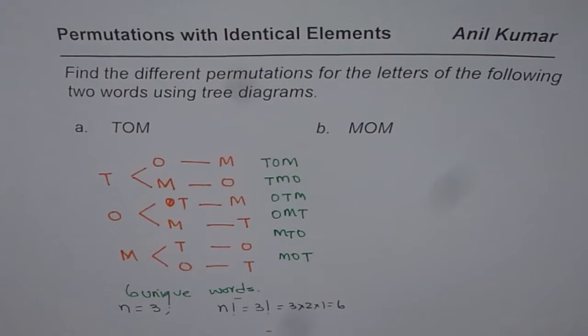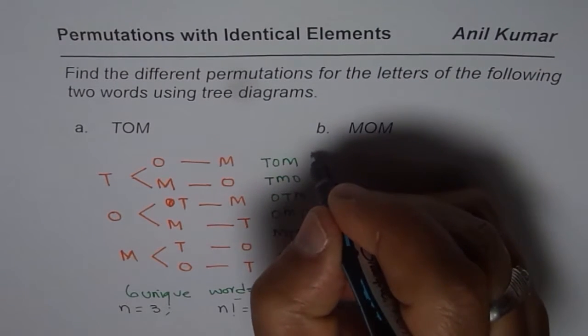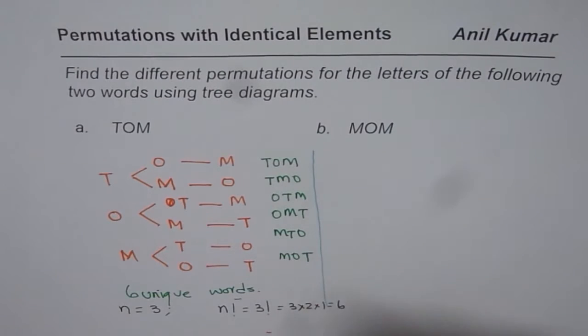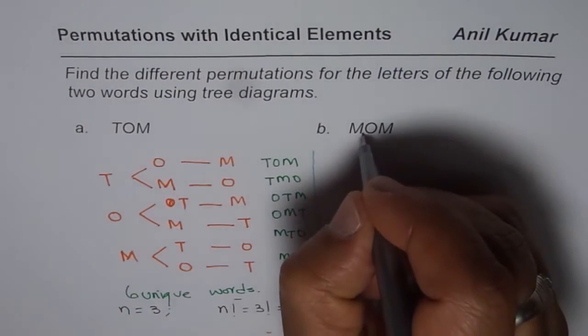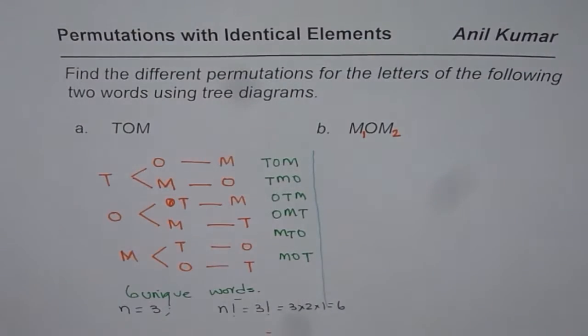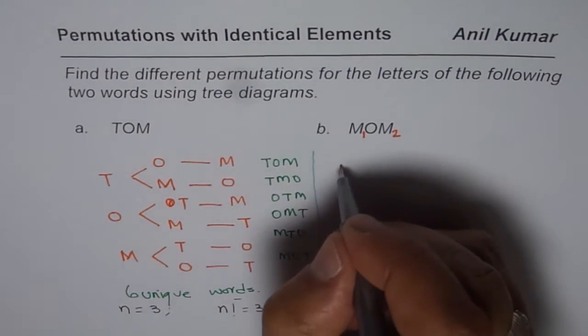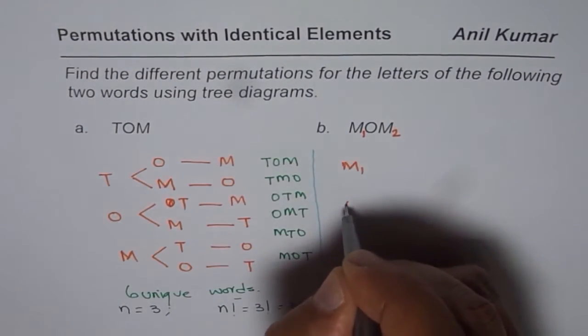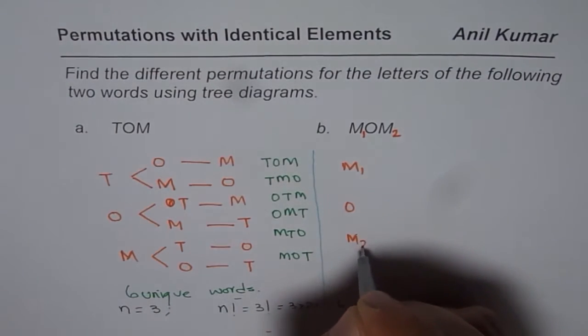Now let's do the same thing for the second word, which is MOM. Here we have two M's. Just to differentiate between them, we'll consider one as M1 and the second one as M2. Let's make a tree diagram. So we could have either M1, O, or M2.